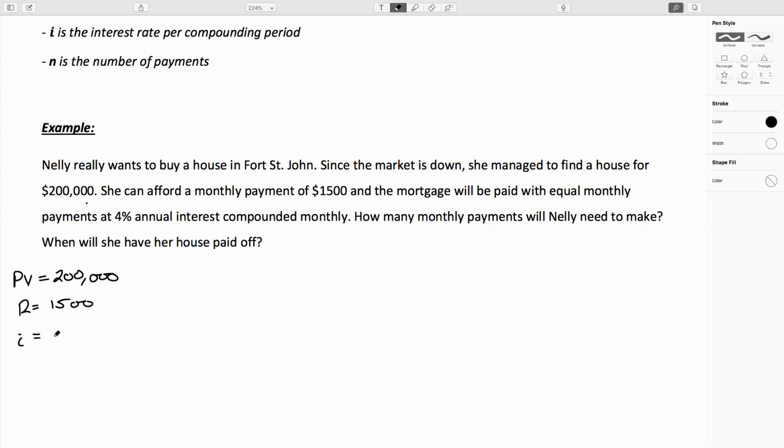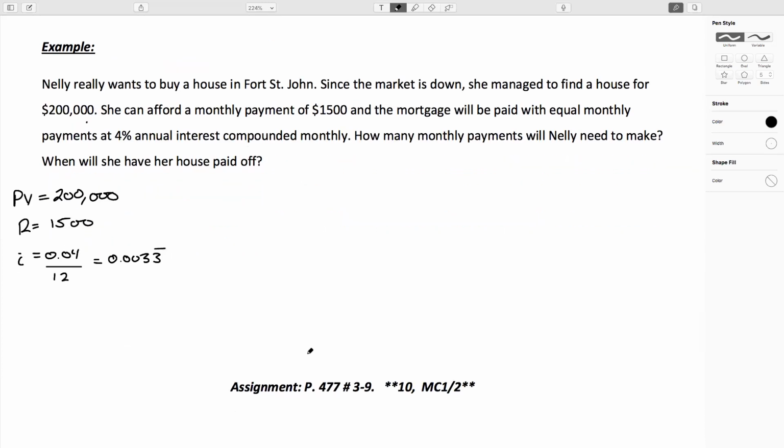So your interest rate I is 0.04 divided by 12, which probably isn't going to be a nice number. Oh, of course not, 0.0033. And we don't know N. N is what we're trying to find.